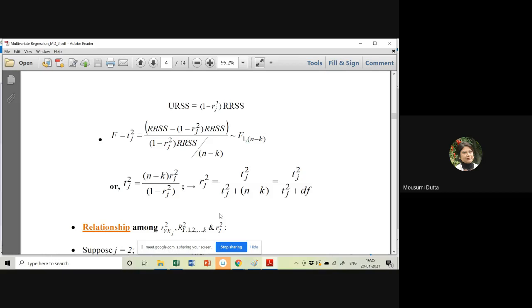However, all the concepts are very different when we are moving to a multiple regression, or we are increasing the number of explanatory variables in the model.